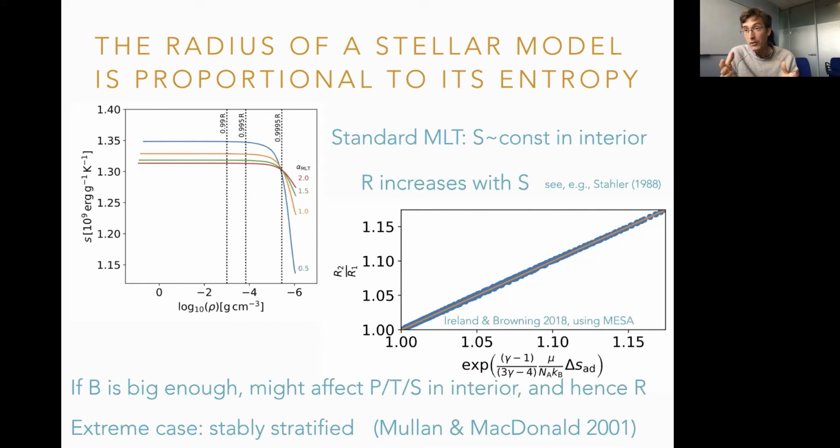This is just playing around though, right? What you'd like to do is to actually have a theoretical model of how convection and magnetism and rotation conspire to build an entropy gradient. So here we just dialed it in effectively by changing alpha, maybe even as a function of depth in some cases if you want to be a little fancier about it. But that's just a simple prescription.